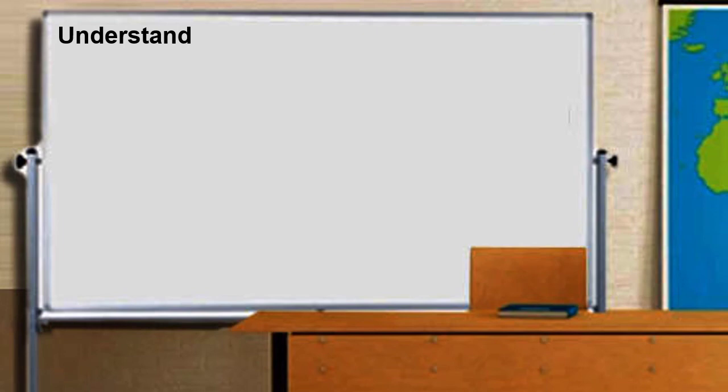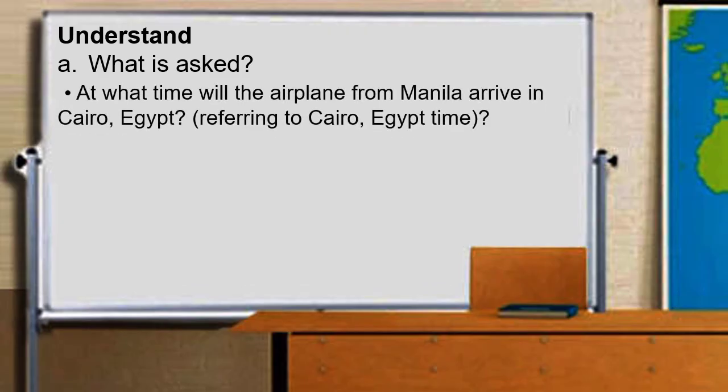First, let us understand the word problem. Okay, what is asked in our given word problem? At what time will the airplane from Manila arrive in Cairo, Egypt? Referring to Cairo, Egypt time. And letter B, what are the given facts?